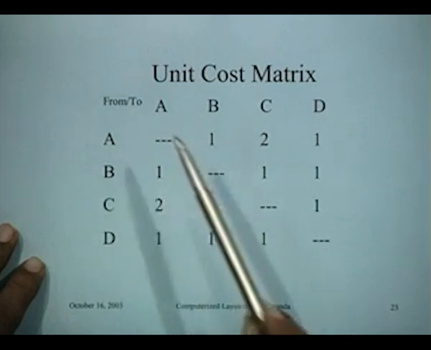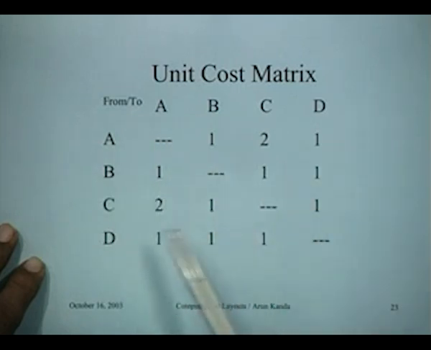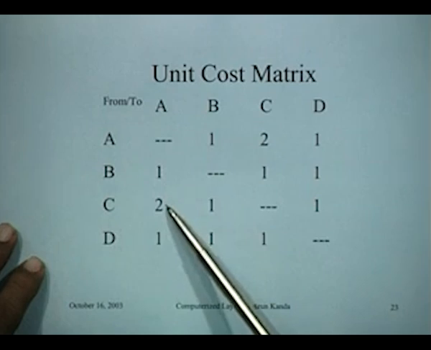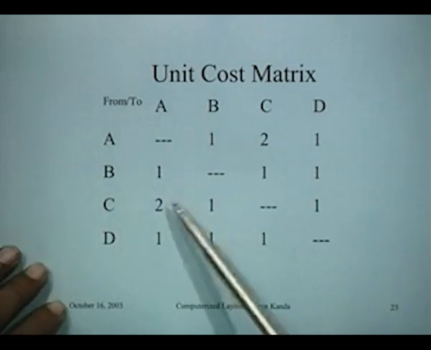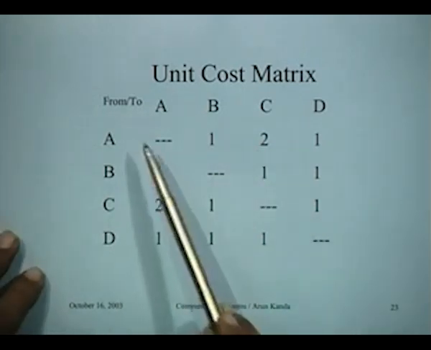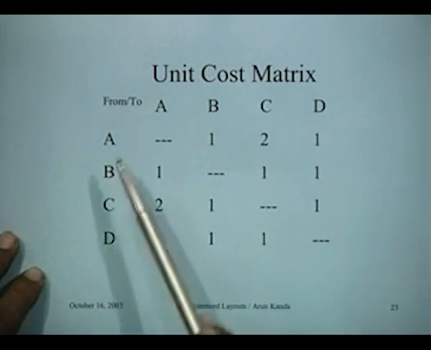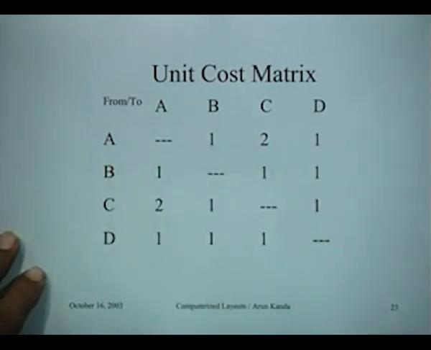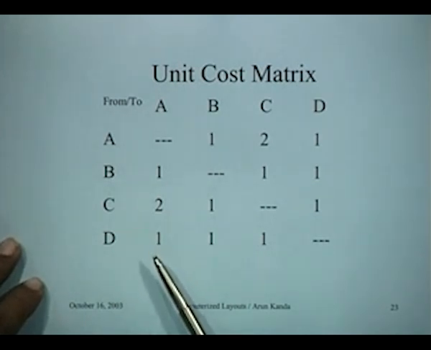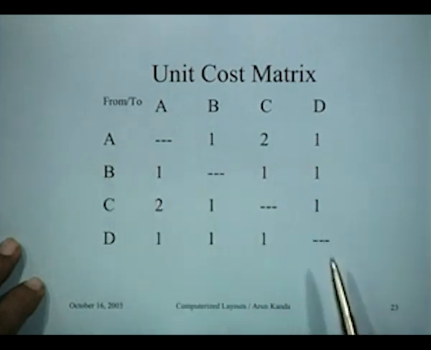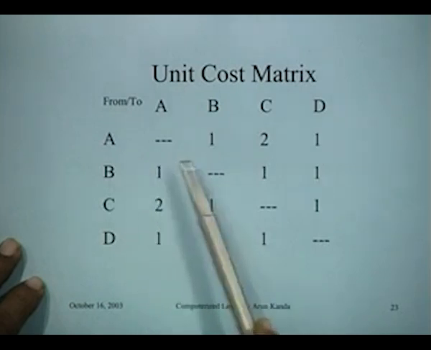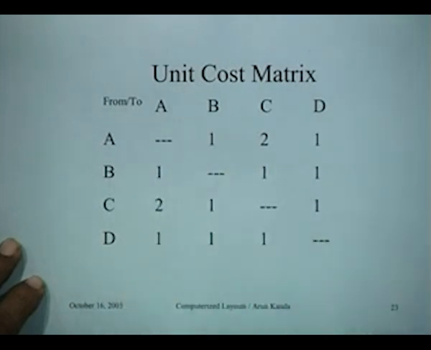Similarly, say B to A is manual, B to C is manual, and so on, but C to A could again be a motorized trolley or something whose cost is double. So you have a matrix which we call the unit cost matrix. This is an input to the problem, okay? We are still trying to identify the major inputs to the problem. If you have, for instance, all movements taking place by the same material handling equipment, then this matrix will be all ones, and you can in fact forget about this matrix, right?